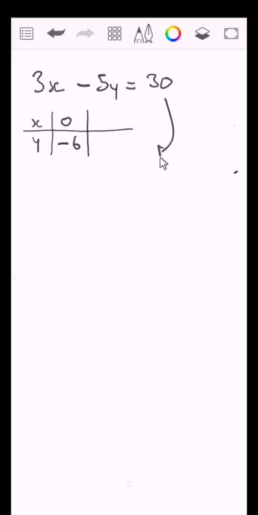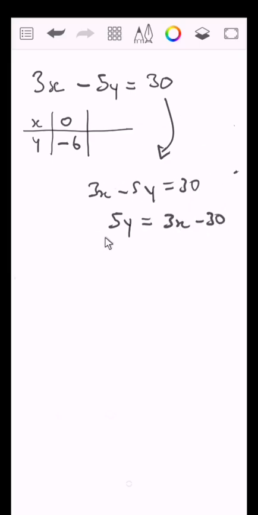From 3x minus 5y is equal to 30, so 5y is equal to 3x minus 30. Dividing everything by 5, we get y is equal to 3 over 5x minus 6. That justifies this.